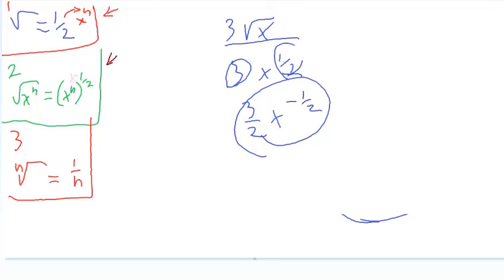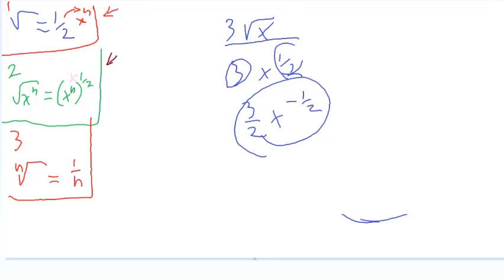In the second rule, in the green, if x is being powered by a number, you put the x to the power of the number in parentheses, still being powered by 1/2 because that's how the square root is. Both exponents will be multiplied by each other, and then you will use the power rule.